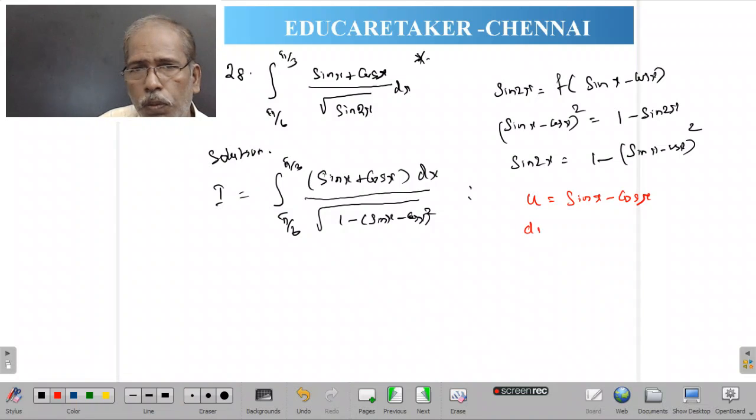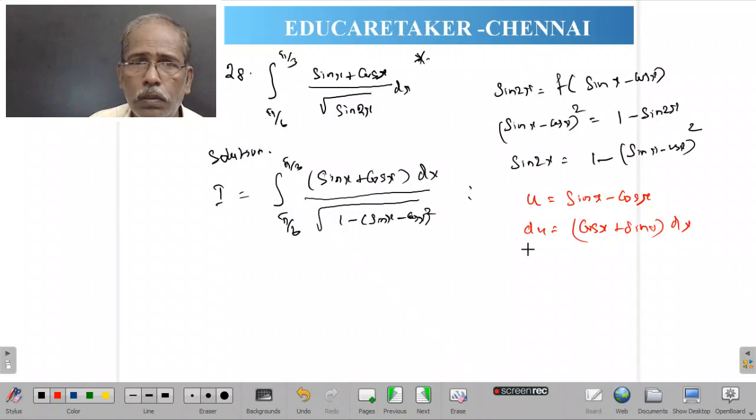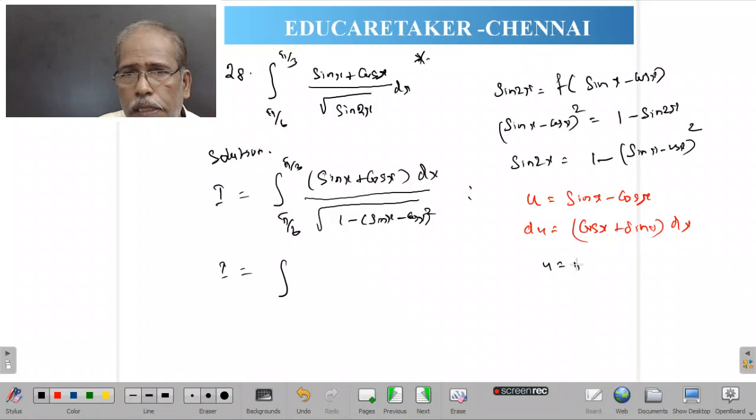What will be du? Derivative of sin x is cos x, derivative of minus cos x is plus sin x, and dx. The entire numerator will be du, and we need to change limits also. Then what is I? When x equals pi by 6, what about u?